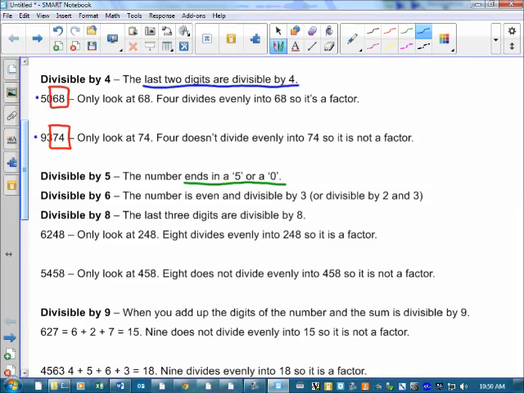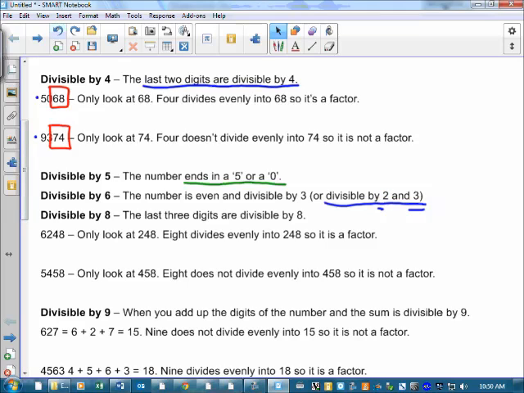Let's just cut to the end here. If it's divisible by 2 and 3, then it's divisible by 6. Let's say it's only divisible by 2, but not 3, then it won't be divisible by 6. If it's divisible by 3 and not 2, again, it cannot be divisible by 6 either.